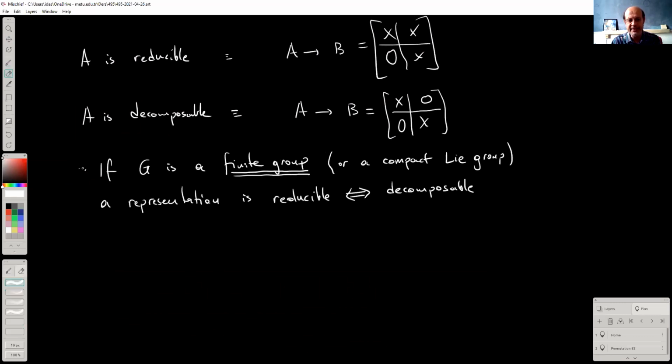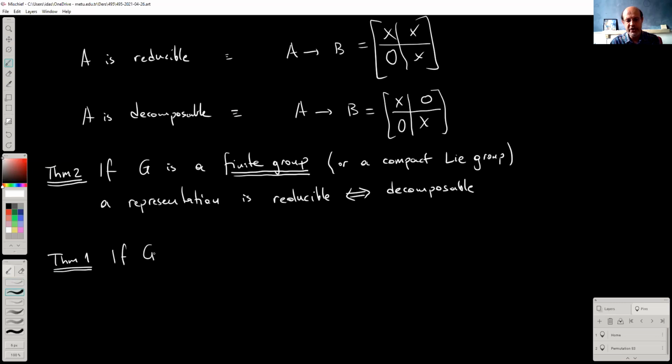Let me call this theorem 2. I'm going to show it by showing this other thing in here, and this is the one that I'm going to provide the technical details for.